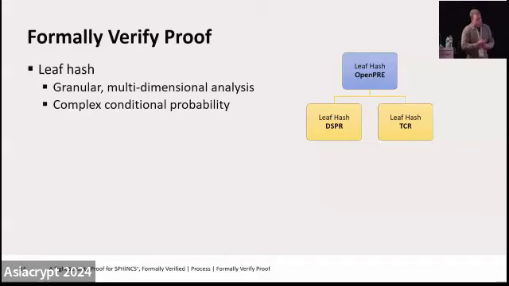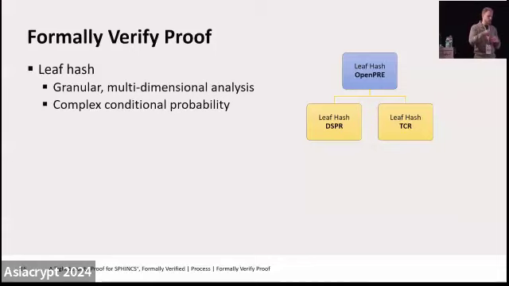A first point of difficulty occurred in the generic relation between the hash function properties of the leaf hash in the M-FORS proof. The reason this was difficult was that this isn't a typical standard security proof that goes by direct reduction or a sequence of game hops, but rather does a detailed multi-dimensional analysis of the probability space.